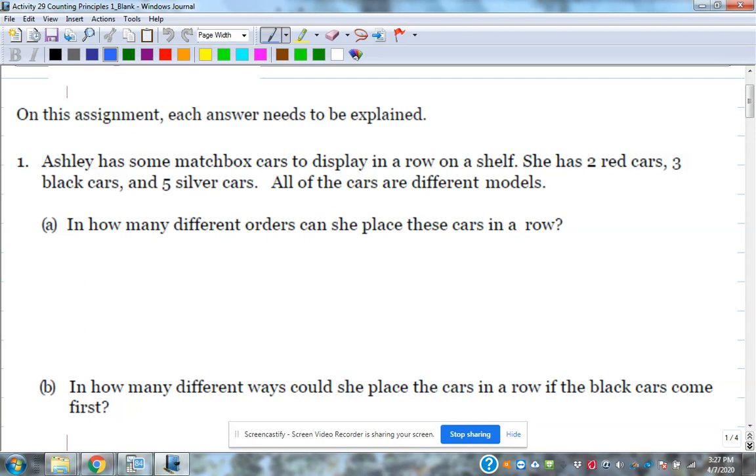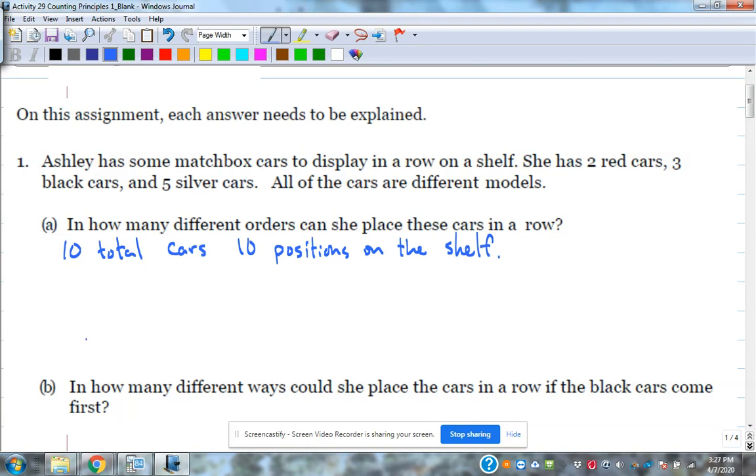So how many cars do we have? We have 5 silver, 2 reds, and 3 blacks. So that's 10 total cars. Okay, so there are 10 total cars and 10 positions on the shelf.